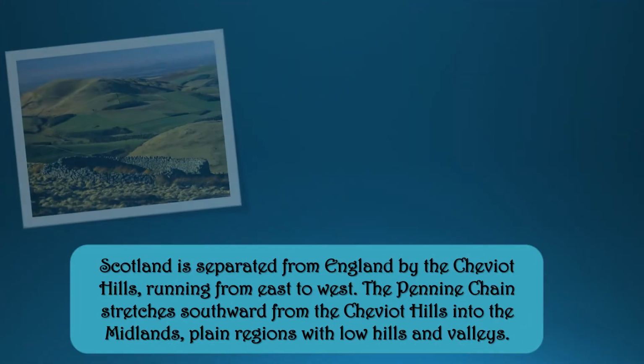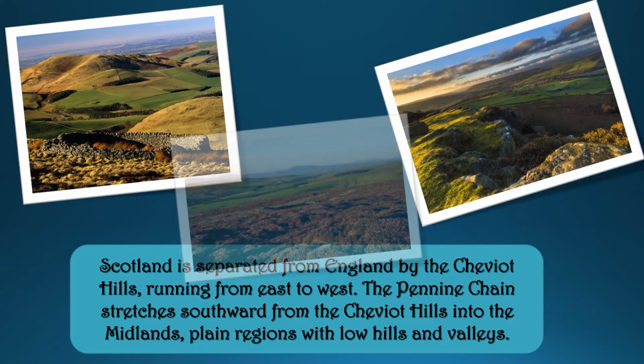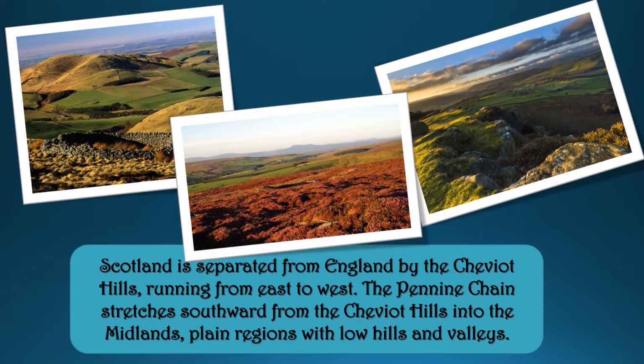Scotland is separated from England by the Cheviot Hills, running from east to west. The Pennine chain stretches southward from the Cheviot Hills into the Midlands, a plain region with low hills and valleys.